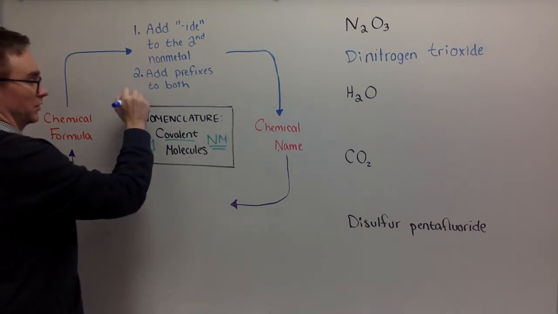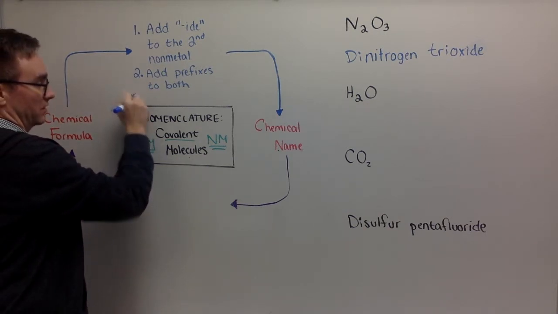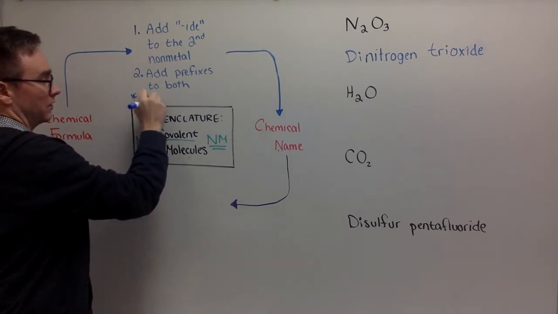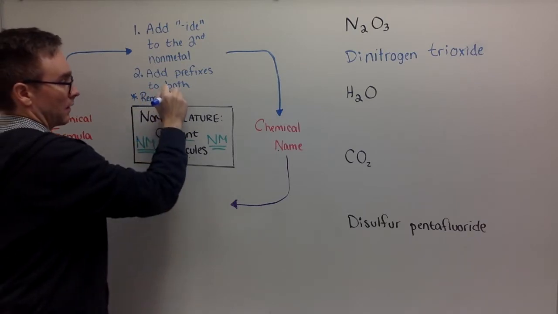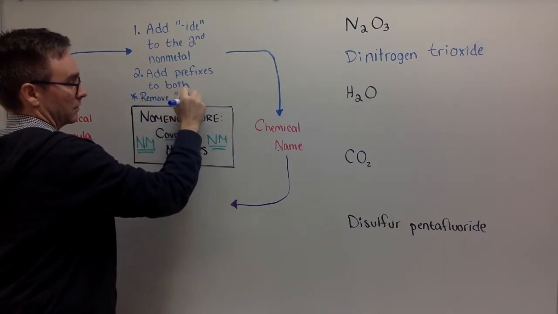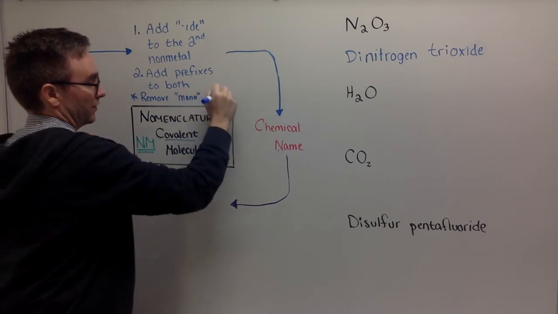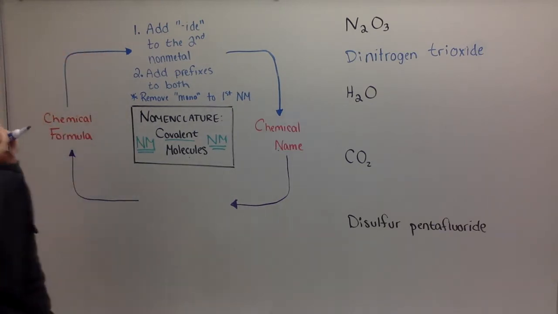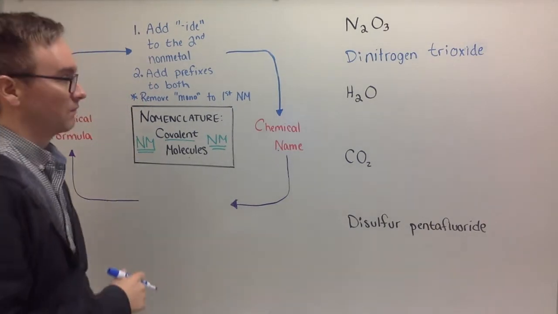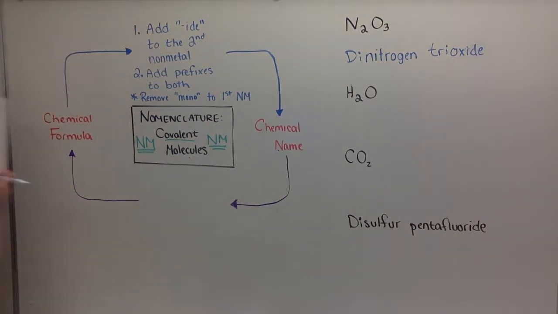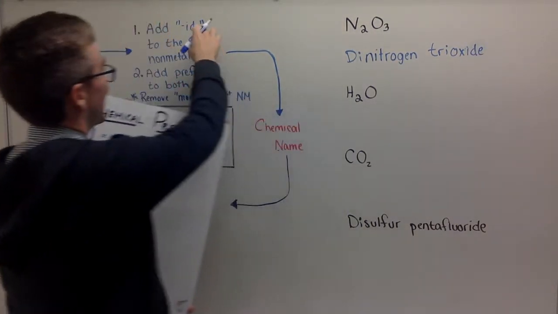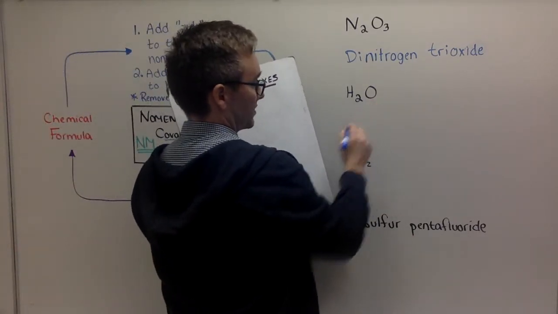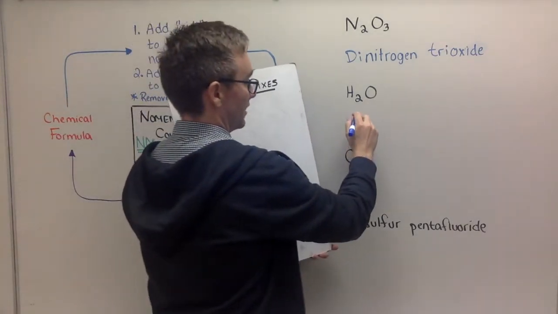Now there is one exception to that rule. I'm going to put it right here with a little asterisk. You have to remove the prefix mono from the first nonmetal. I'll show you an example of that in a moment. So let's do this again. My prefixes here. I'm going to add IDE to the second one. Here's water, but it's the more fancy chemical name.